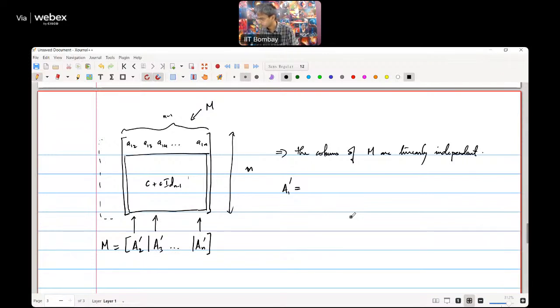We define A1 prime using the same relation: c2 A2 prime plus c3 A3 prime plus up to cn An prime.